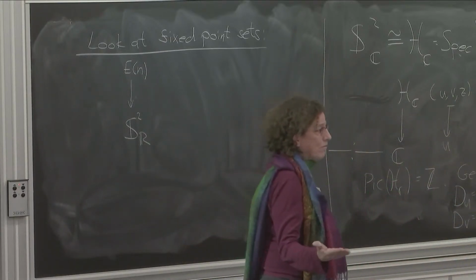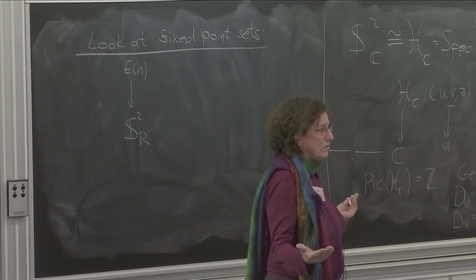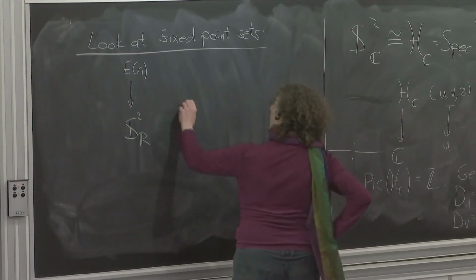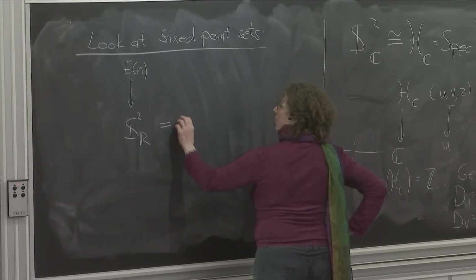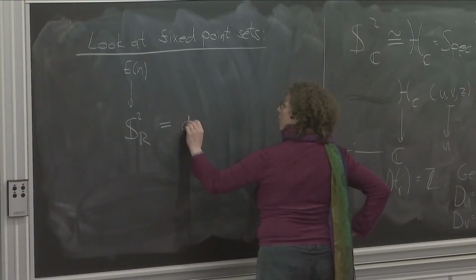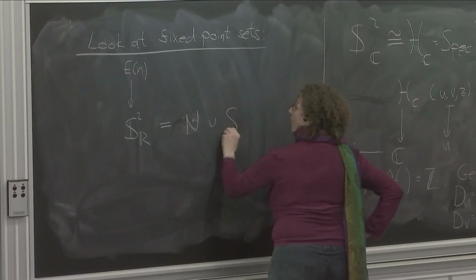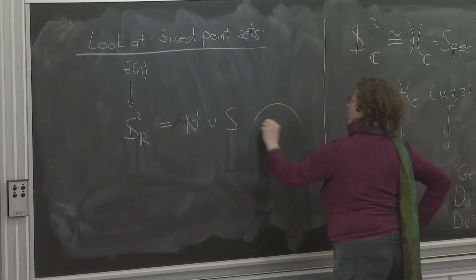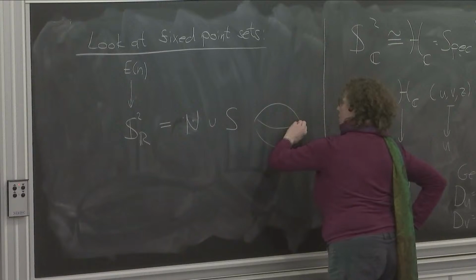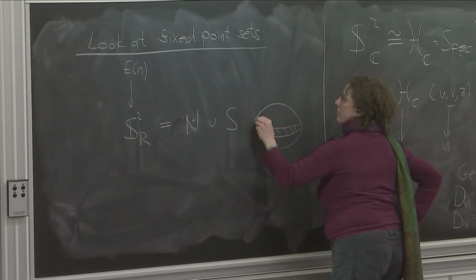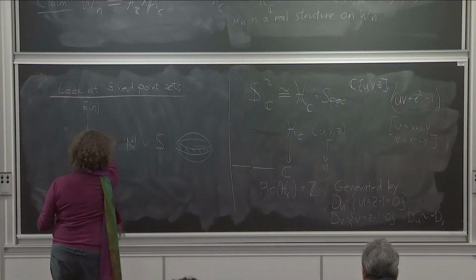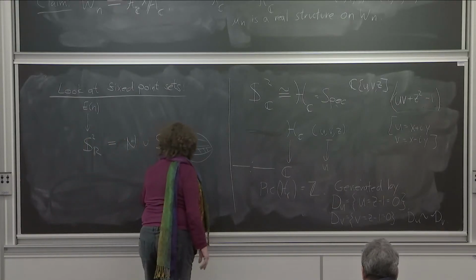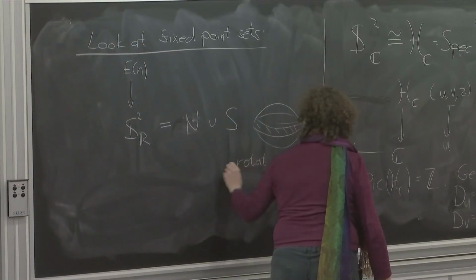They're given by Z. So for each n, S2 is 2 disks, disk U1 or North Pole and the South, and then on the equator there's a clutch function, or just transition function, and it's given by rotation, a winding number.